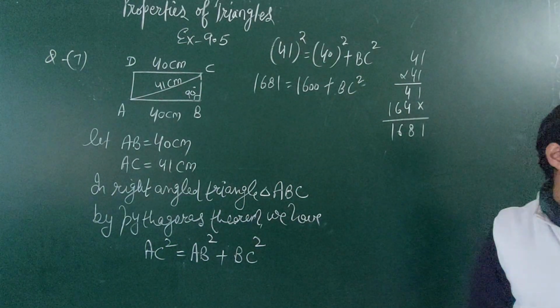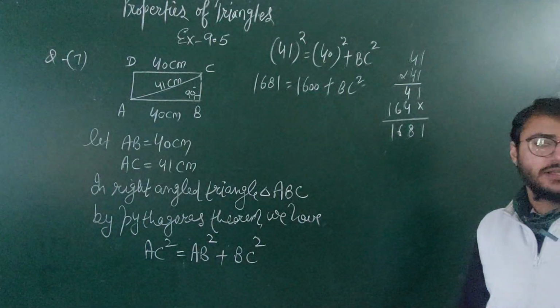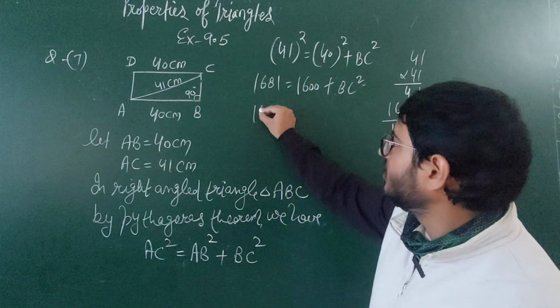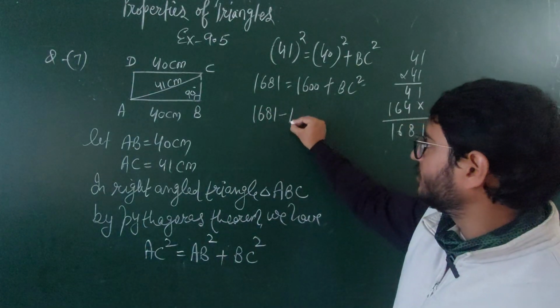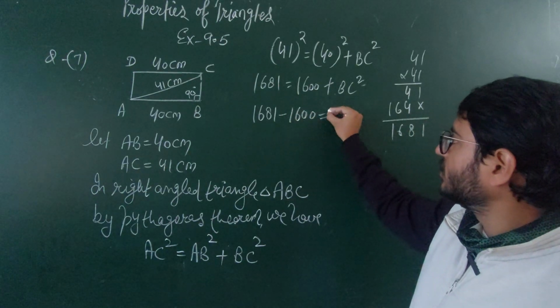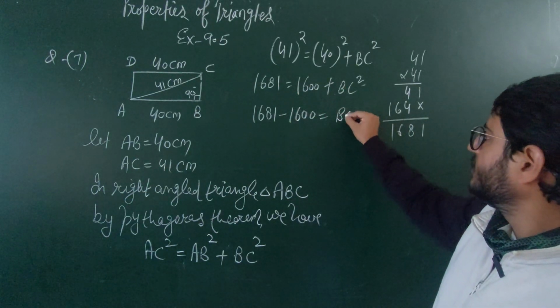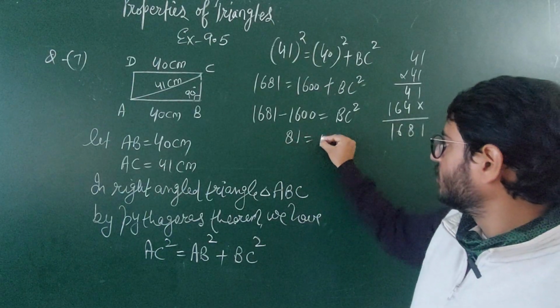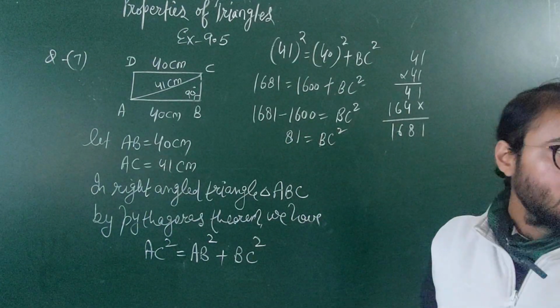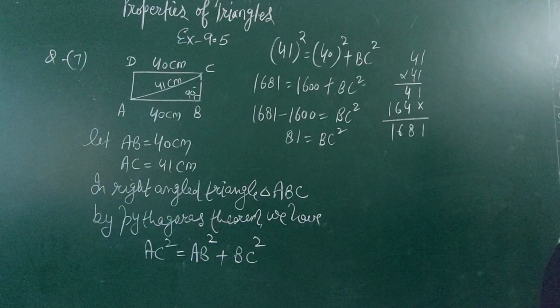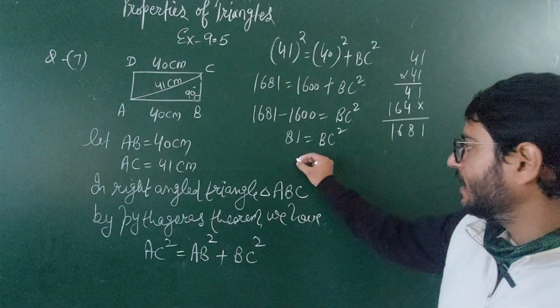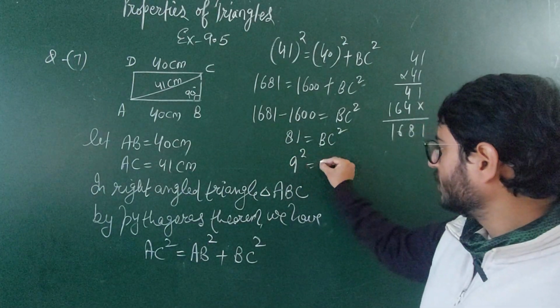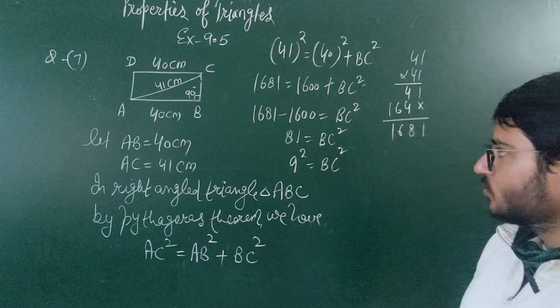Transpose 1600 from right hand side to left hand side, and we will get 1681 minus 1600 equal to BC square. After subtraction, 81 is equal to BC square. 81 is equal to 9 into 9, so we can write it as 9 square is equal to BC square.